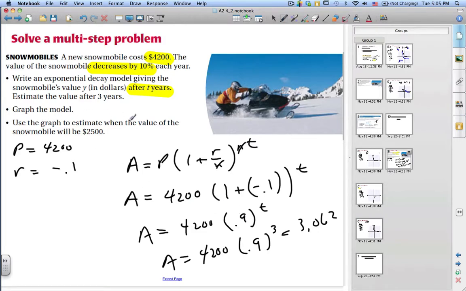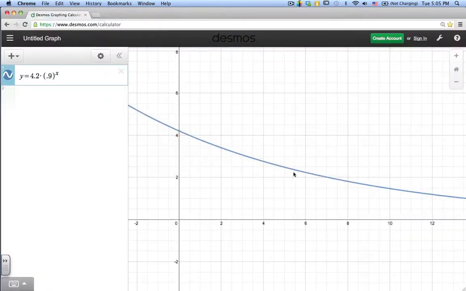And then they want me to use the graph to estimate when the value of the snowmobile will be $2,500. So if I go back, I'm looking for $2,500. That's going to be right around in here. I'm looking for 2.5. $2.3, let's keep going. Oh, there we go.